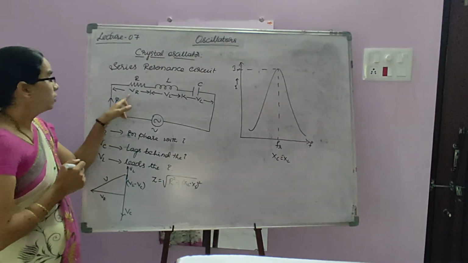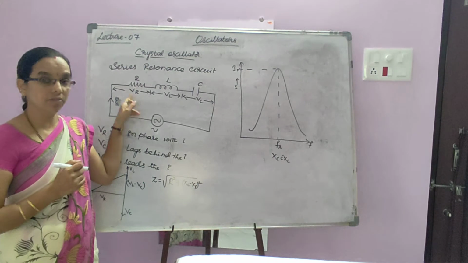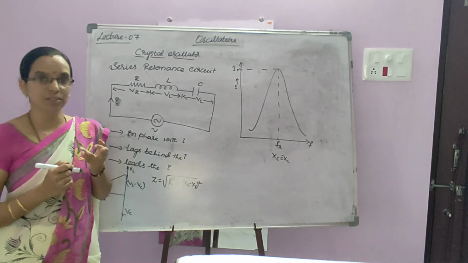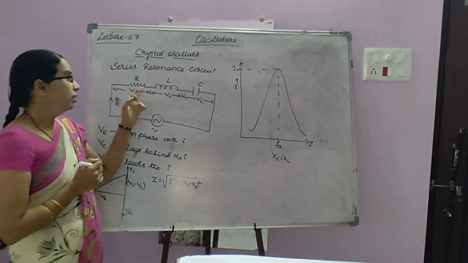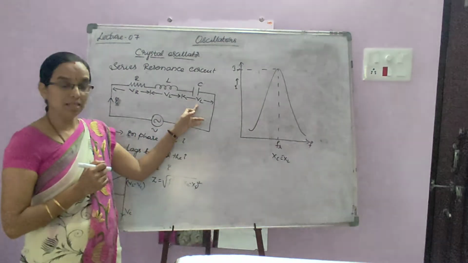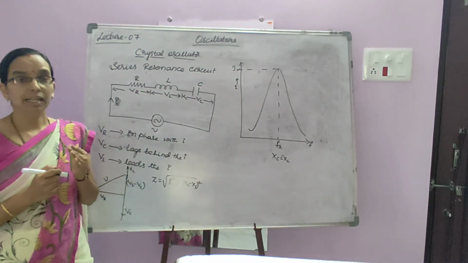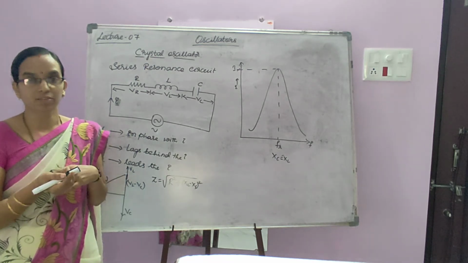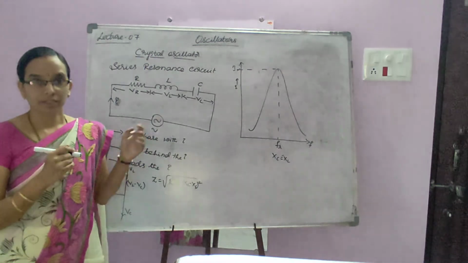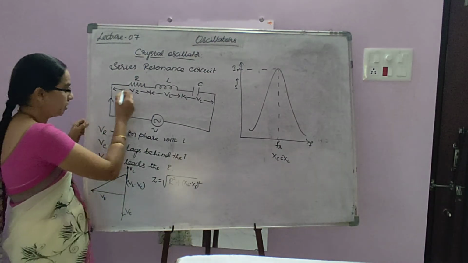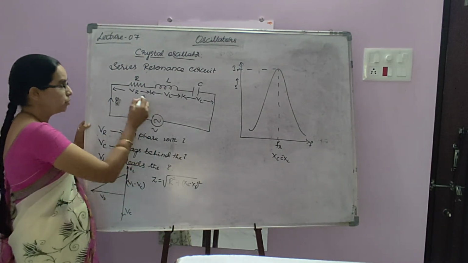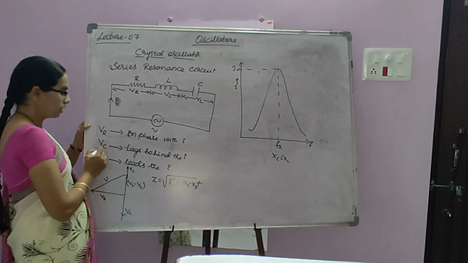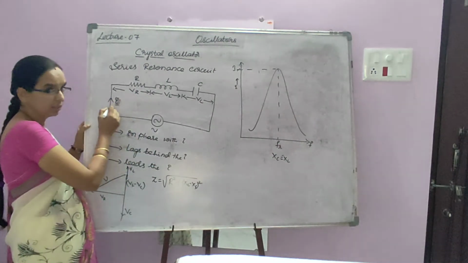So the voltage across the resistor will be in phase with the current flowing through it, and the voltage across the capacitor will be lagging behind the current flowing through it.